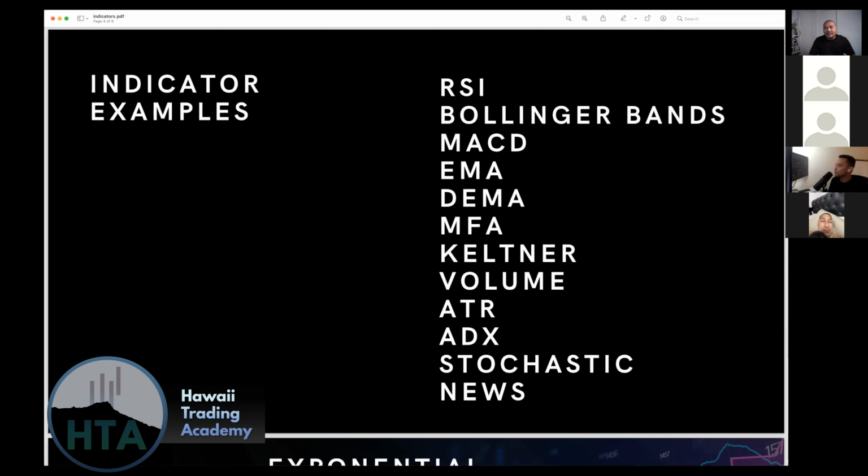I think Gemini might have some. RSI, Bollinger Bands, MACD, EMA. There's tons of them, a whole library, and it's accessible for us to use in our trading.